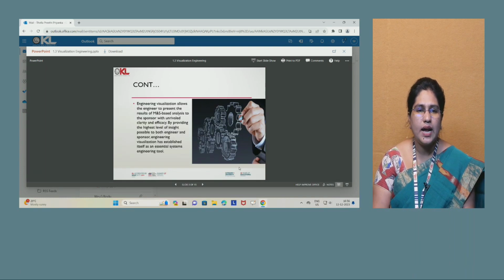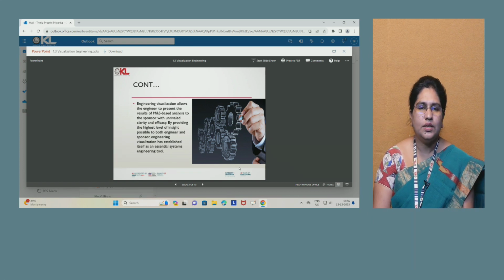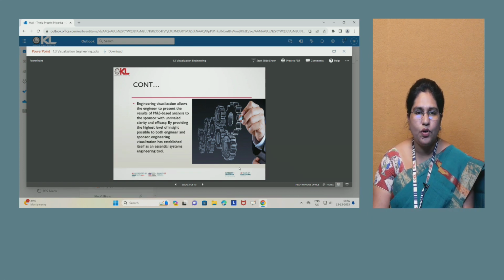Engineering visualization has established itself as an essential engineering tool. It is designed for engineers, so non-engineers cannot understand the format, but engineers or professionals of that particular domain can understand it by seeing the presentation.